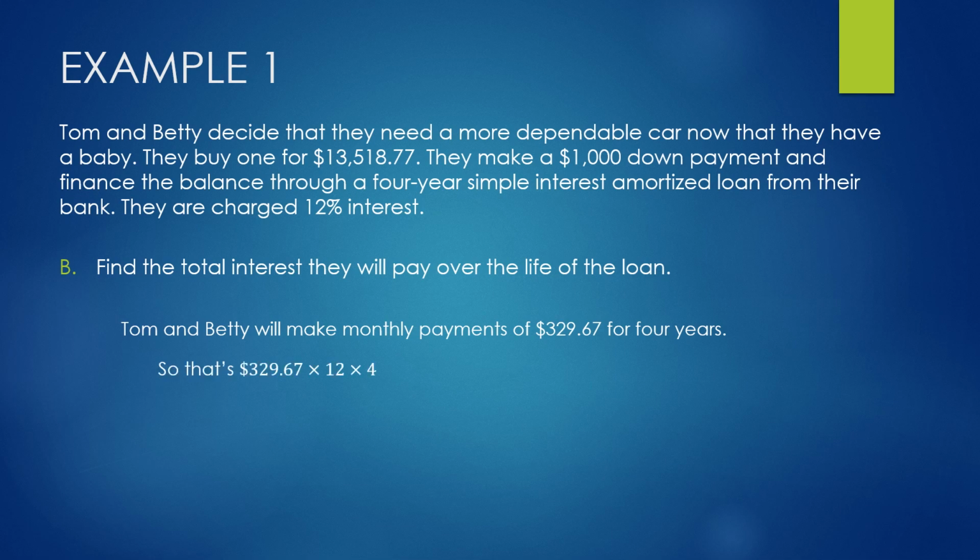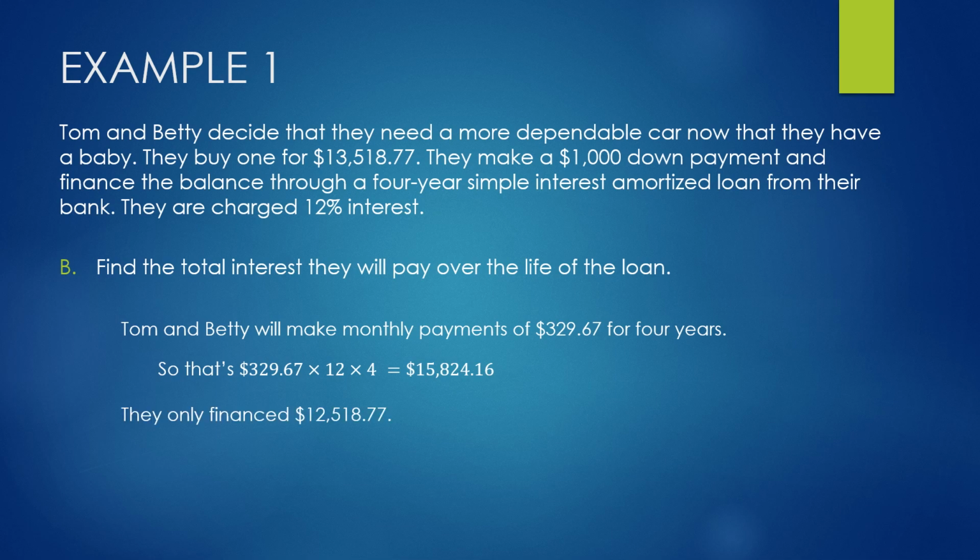That's $329.67 times 12 months a year times 4 years. This is how much they actually pay for the car. They actually pay $15,824.16. Now, of course, this is assuming that they never make any extra car payments during the month. If they make any extra payments, this will be different.